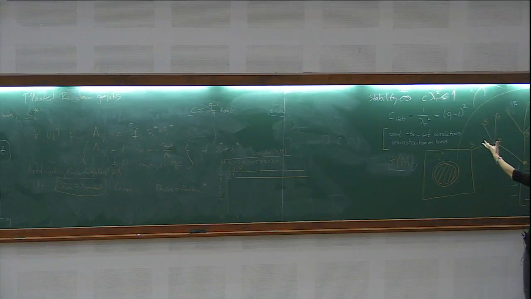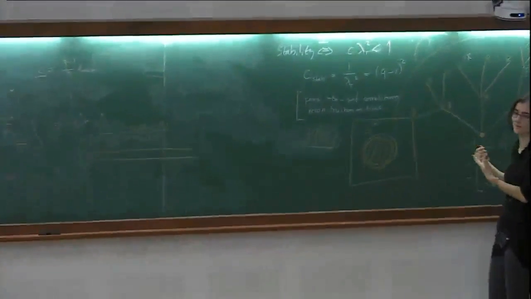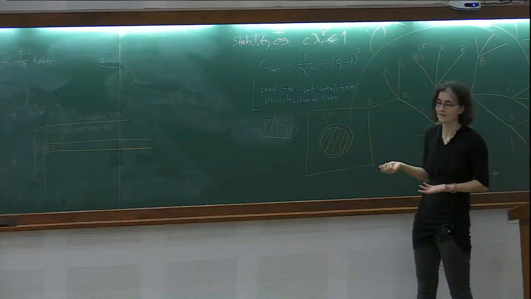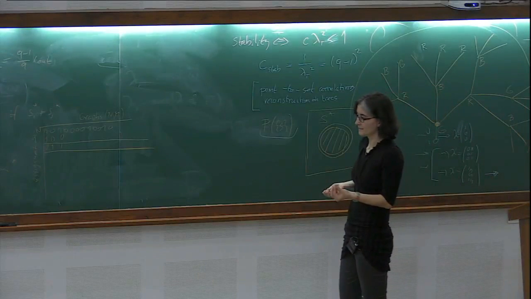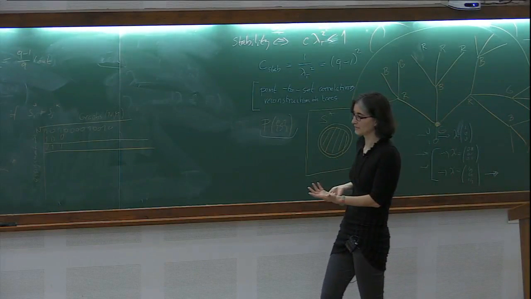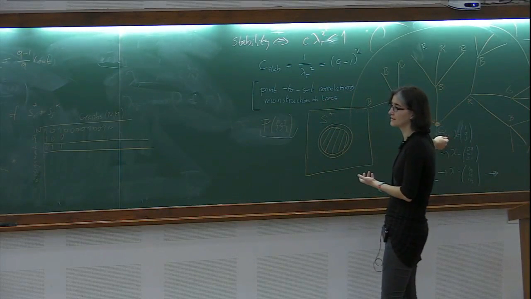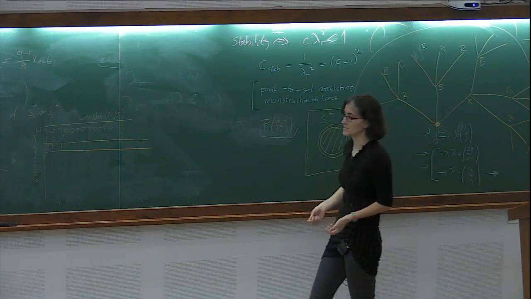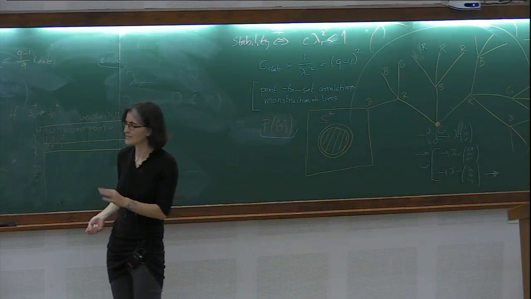Because not only, so this would be claim 1 of their paper, and claim 2 is that S star is an equilibrium configuration. So you get a graph, and an equilibrium configuration for free.